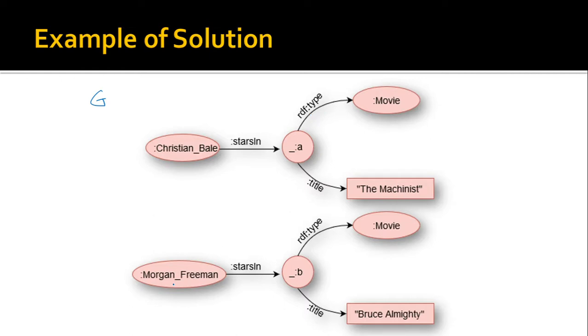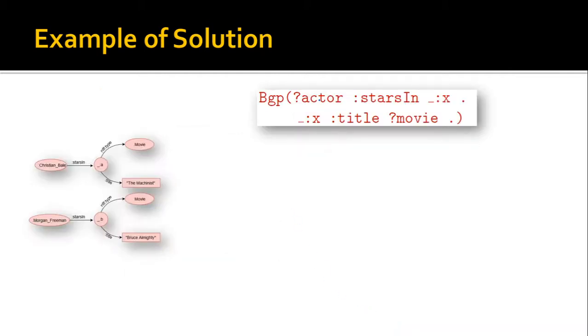You have another entity like Morgan Freeman who starred in something which is a movie, and the title of that is Bruce Almighty, right? Now with this, let us try to think about evaluating this BGP. So whatever you are seeing inside is the P, right? What you have inside this is an actor who stars in a blank node, and the blank node has a title and is of type movie. So basically, this is the kind of structure we are trying to align with, right?